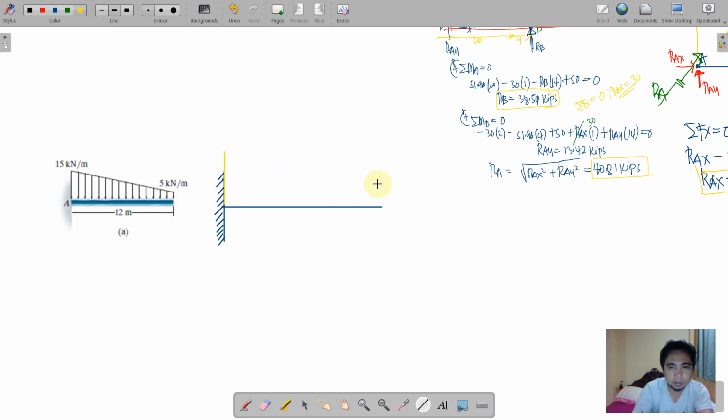And then we also have the loading. So we connect this trapezoidal loading. So the orientation of the loading is going downwards. So indicate the arrowhead to have a pressure of downwards force.